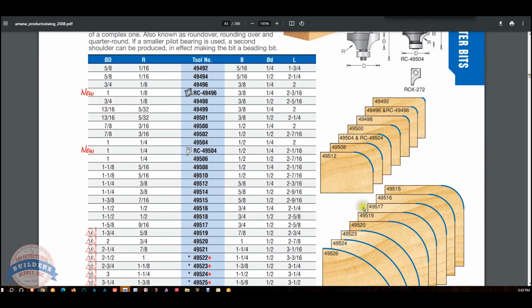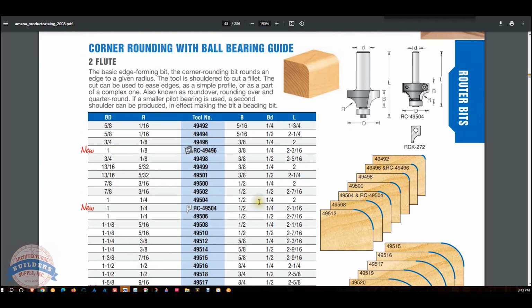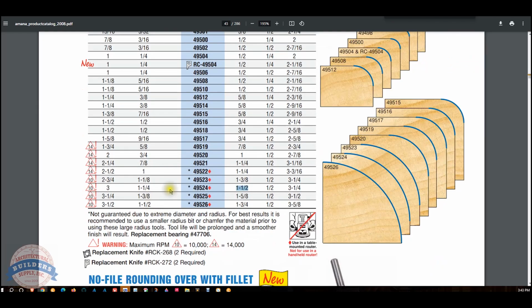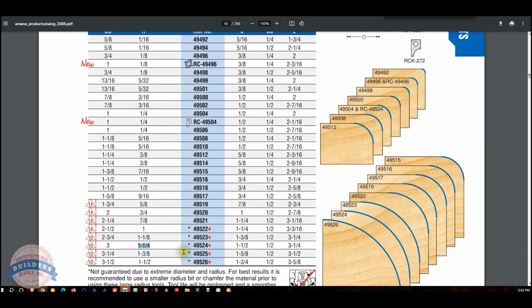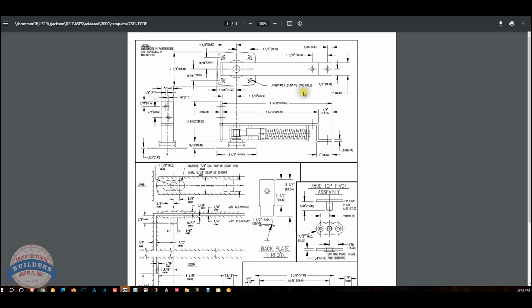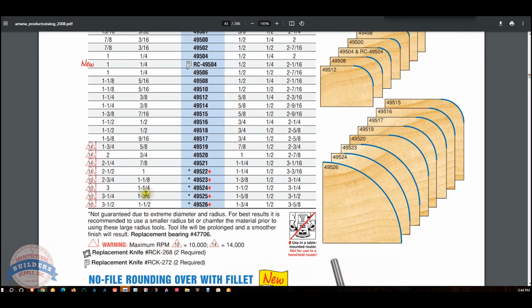So I own a 49524, which is this one right here. 49524. That's 1.5 inch B dimension. But I want the R dimension. What's R? 1.25 inches. So I've got a 1.25 inch roundover bit here on my desk. And yeah, 1.5 inches. So I should get my hands on that bigger roundover bit so that I can actually do 1.5 inch radius, the 49526.